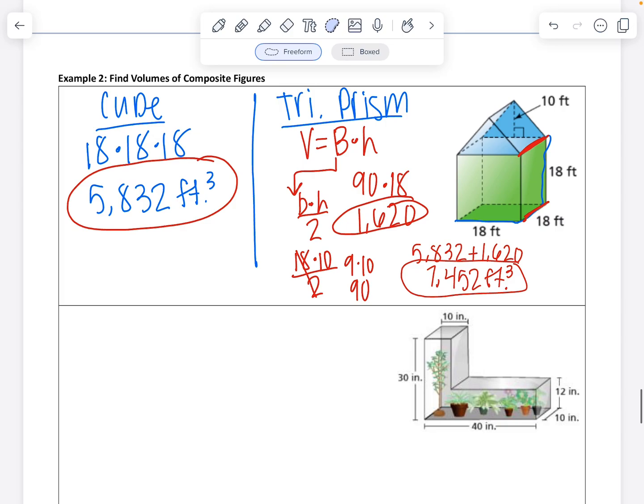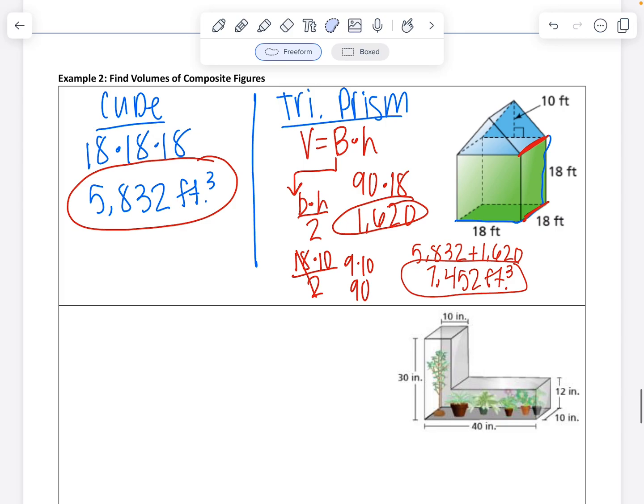I need to find my three numbers. So my first one is 10, and then I have to figure out what this is right there. Well, that should be the same as this and that, which is also the same as that one. So that means it should be 10. So for my rectangular prism number 1, we're going to multiply 10 times 10 times 30.